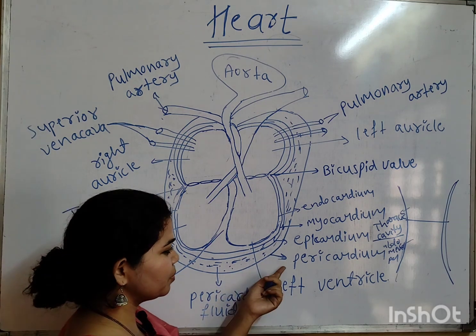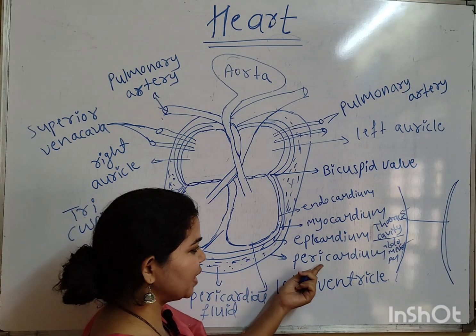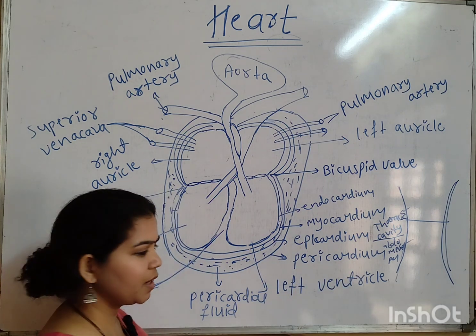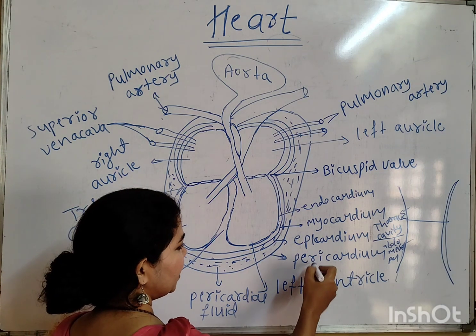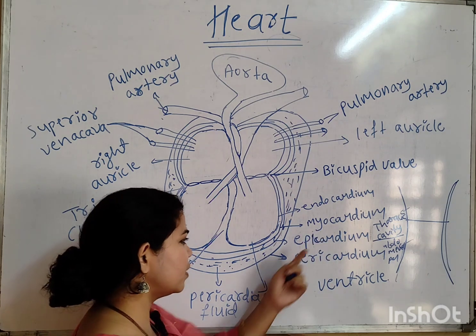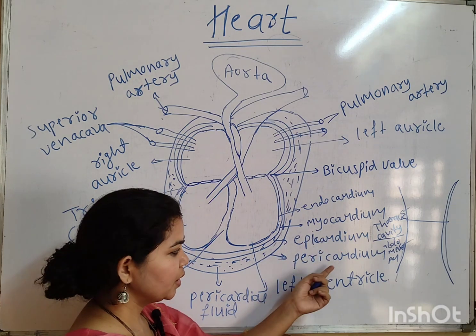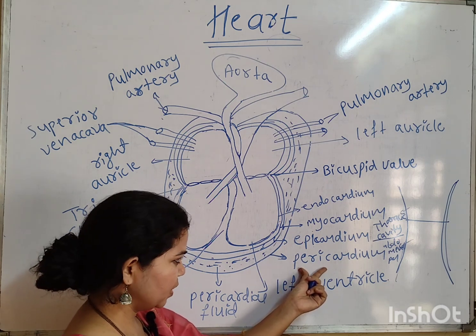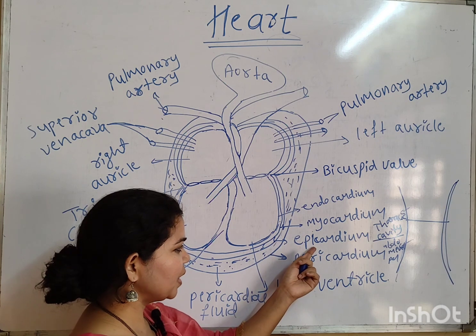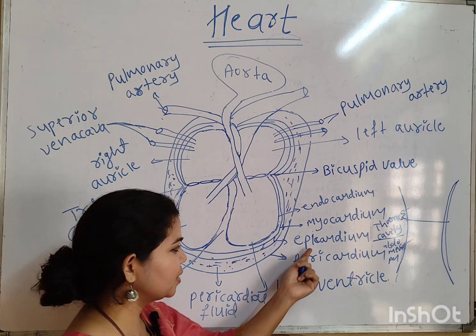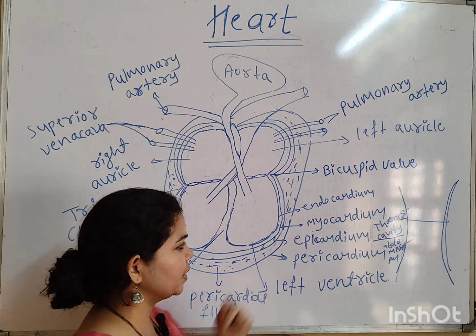The outermost membrane is called pericardium, and next to the pericardium there is one more layer, called epicardium.